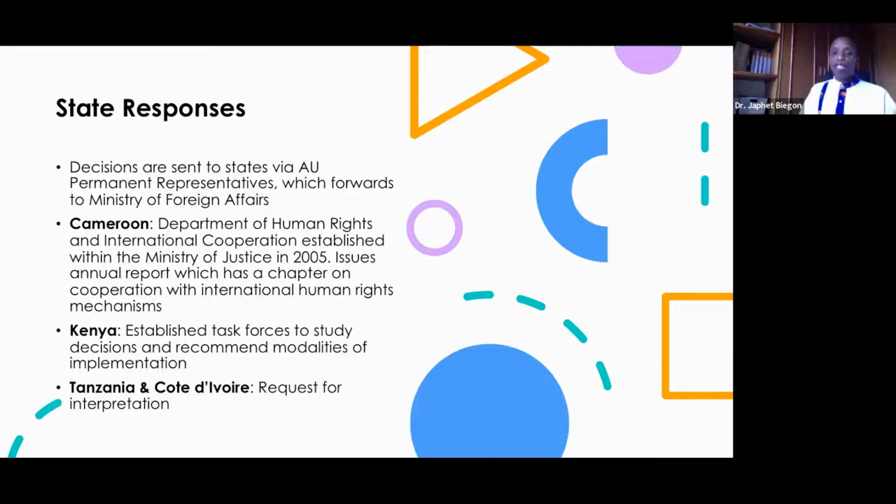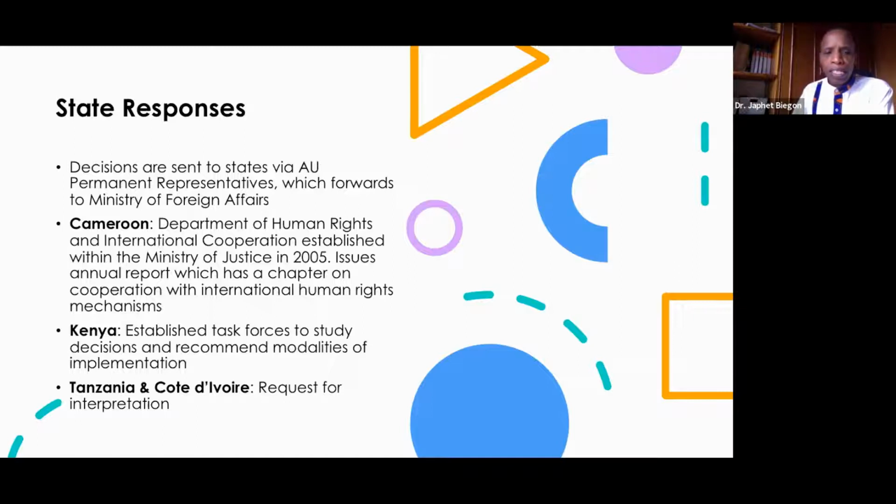But on the face of it, this would be one good way where a government establishes a specific mechanism for reception and coordinating implementation of decisions from these regional bodies. Other governments, Tanzania, Cote d'Ivoire, have, for instance, gone back to the court to ask for interpretation of the judgments or the orders.